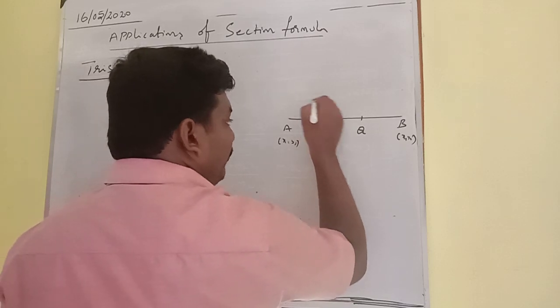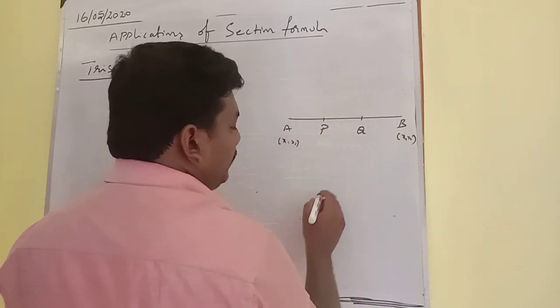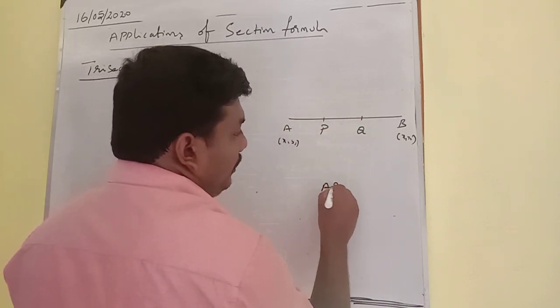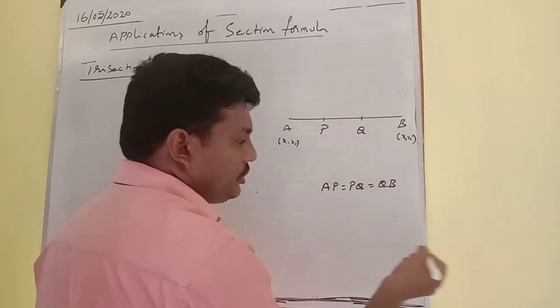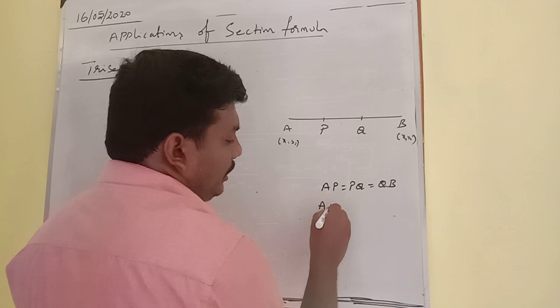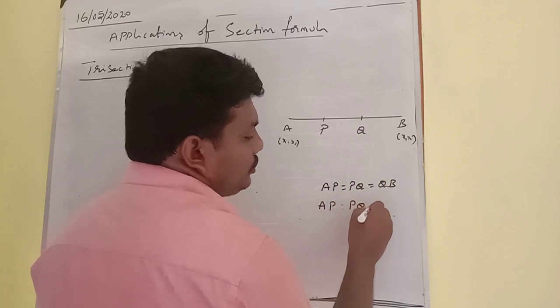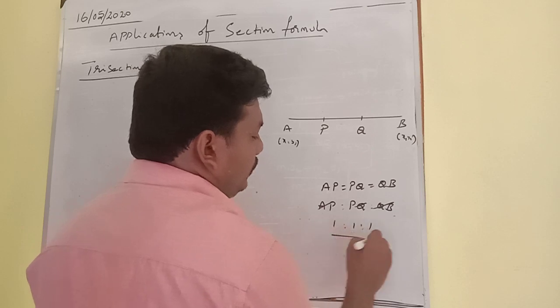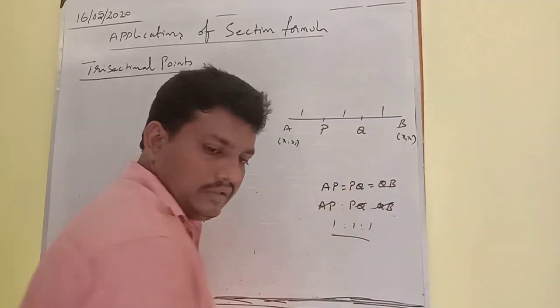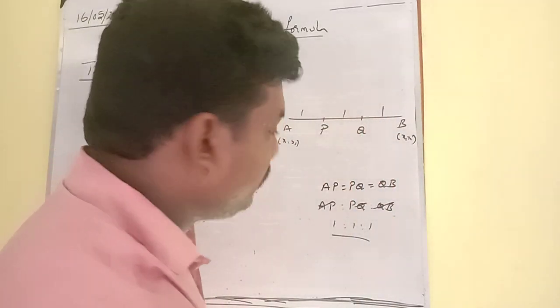The ratio will divide it into 3 equal parts. Equal parts is nothing but AP equals PQ equals QB in length. So the ratio AP : PQ : QB, all are equal. That is 1:1:1. This is 1, this is 1, this is 1. So that is 1:1:1 ratio.